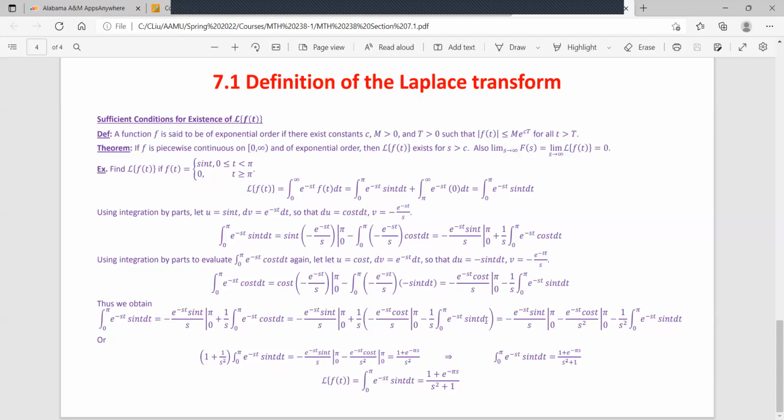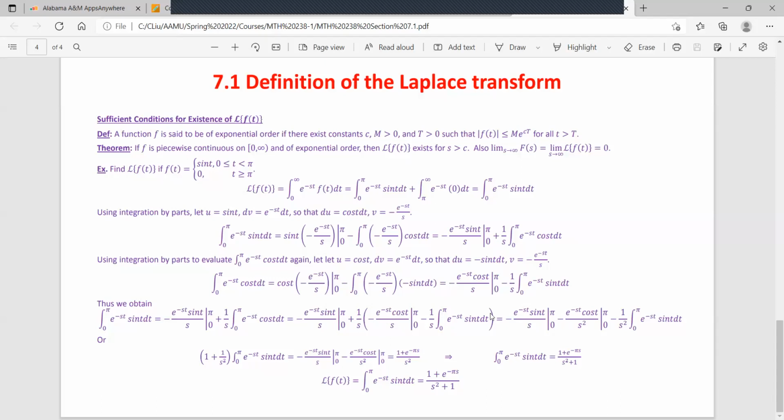So this can be simplified a little bit if you distribute 1 over s in the second part. The first term is just the same, we don't change it, but then we get the second term as negative e to the negative st cosine t over s squared.